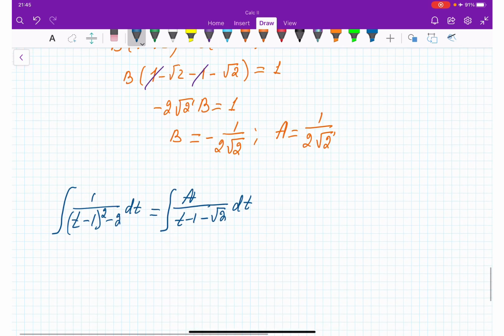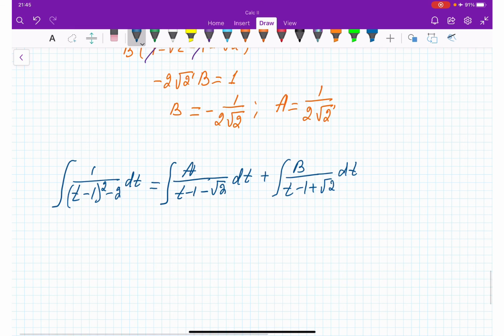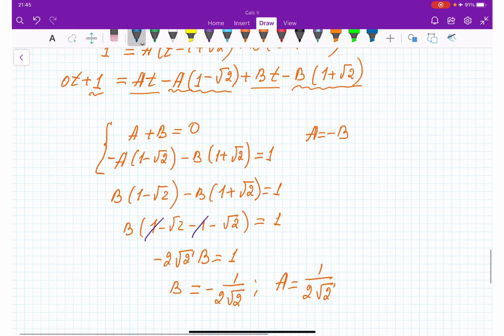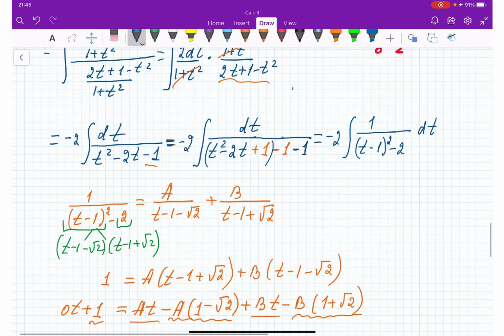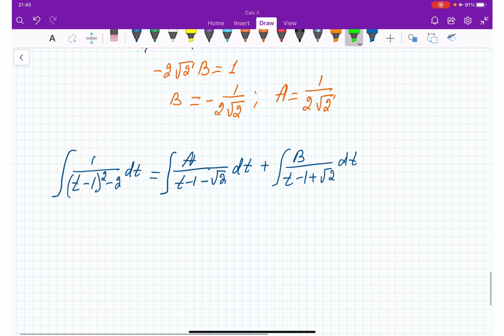Yeah, with minus. A I took with minus, plus integral b over t minus 1 plus square root of 2 dt. Okay, so from here, and we took negative 2 out, right? Yeah, we have negative 2 here also. See? Negative 2.